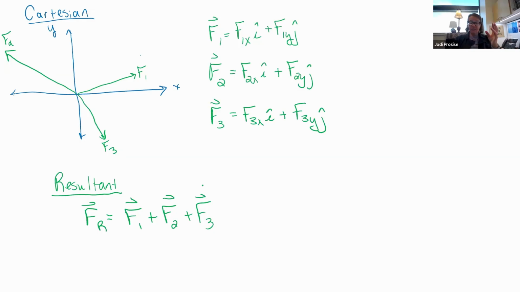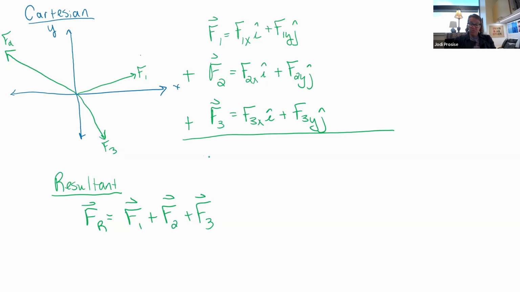But now, instead of doing the parallelogram law and using the law of sines and cosines, we can simply add components, because these are already predefined as all in the i direction and all in the j direction.